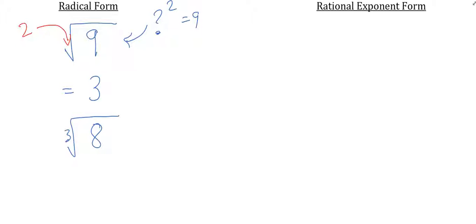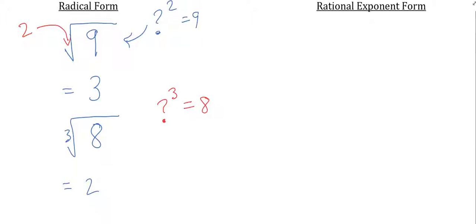And what does that mean? It means what number to the 3 gives you 8. It's 2. So the answer to this one is 2. So that might be a new notation if you haven't seen that before.